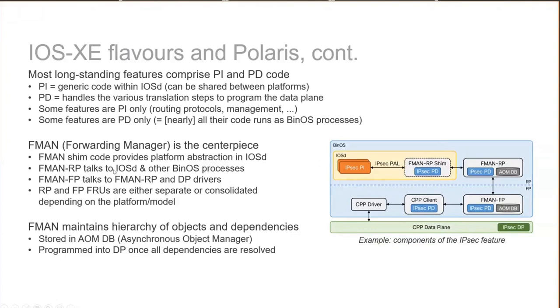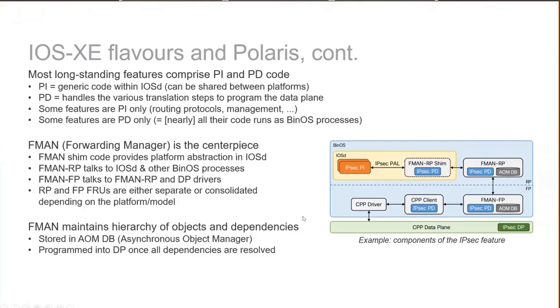FMAN RP talks to IOSD and other BinOS processes. So FMAN RP is basically this one on the control plane, and on the data plane we have FMAN FP, which will be communicating with our RP, and also it will be communicating with the QFP or the CPP client and CPP driver to make sure that there is inter-process communication between all the processes involved.